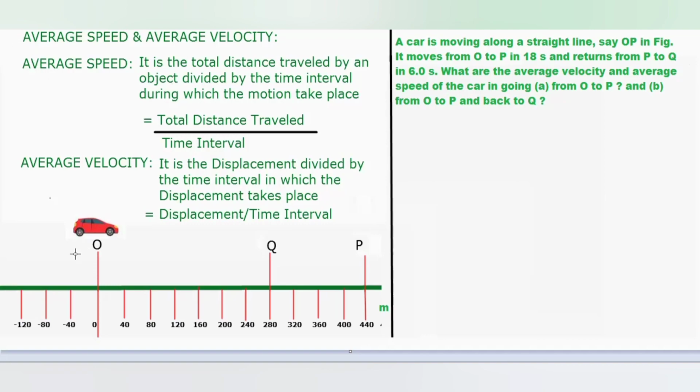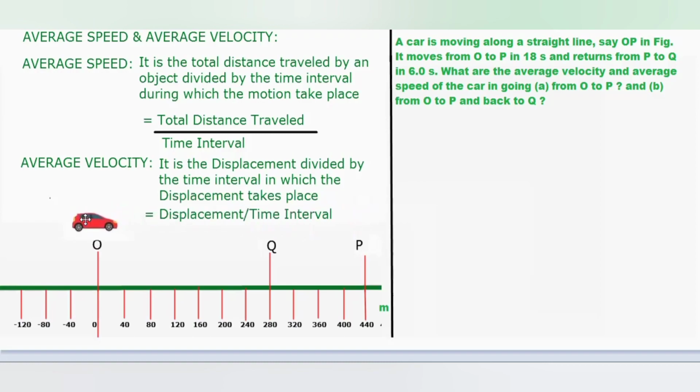The first case is the car moving from O to P. The second case is the car moving from O to P, and then moving from P back to Q.